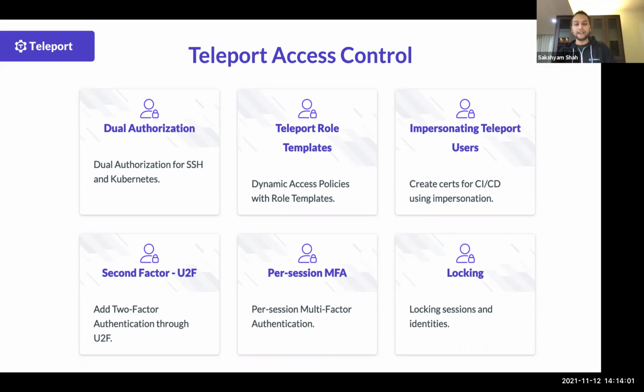So rather than blocking access to your entire fleet of servers, you can just implement session locking and block access to the particular server or service that the malicious user is using, so that you can avoid downtime to your infrastructure, and yet you can successfully block the malicious access. So these features collectively help you implement secure access to your infrastructure via SSH or Kubernetes.